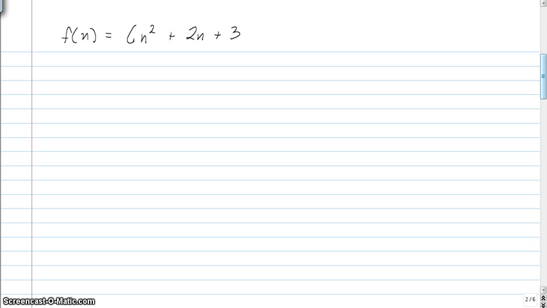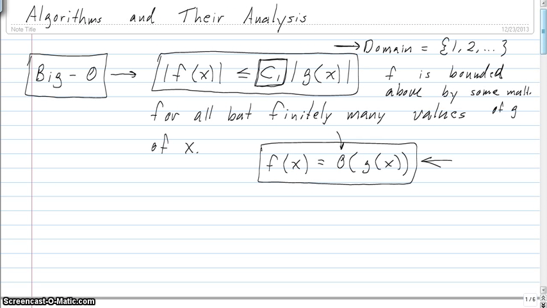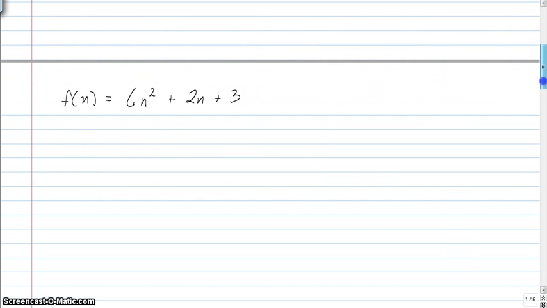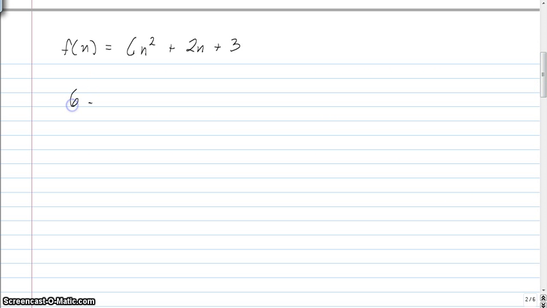So here we've got a function, and again, I use n to represent a natural number. We're going to assume that the only thing that we're plugging into this function is natural numbers, 1, 2, 3, 4, and so on. Right, so can we think of a way to bound this above?